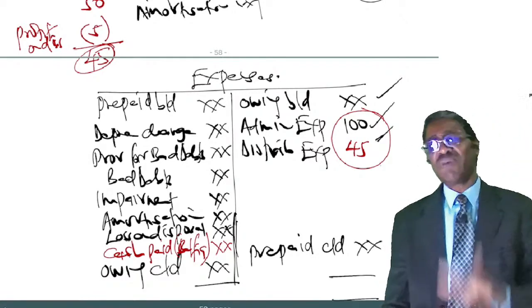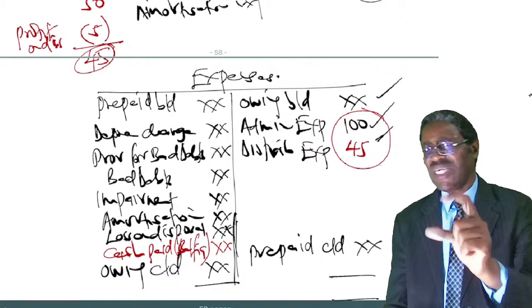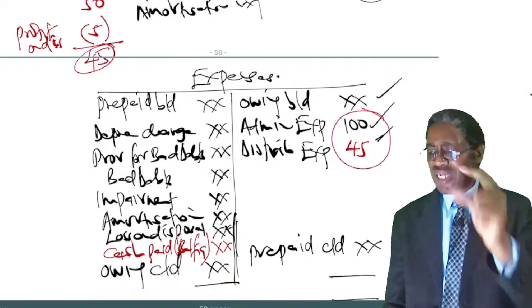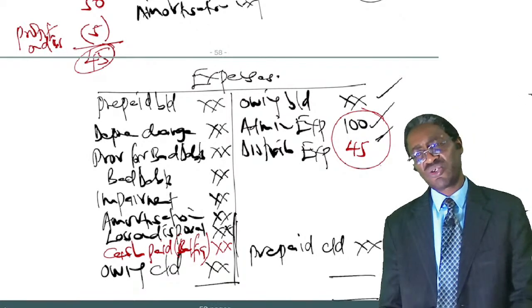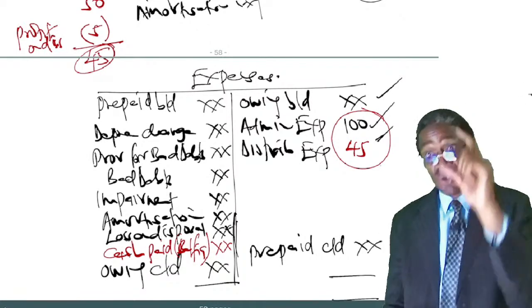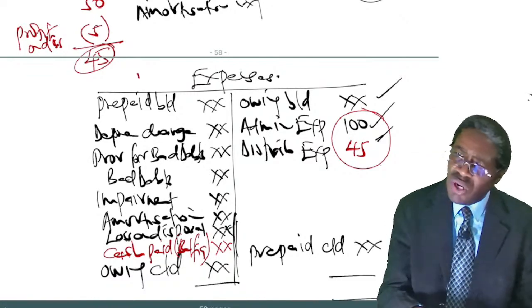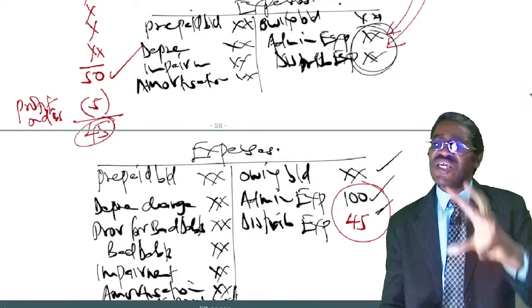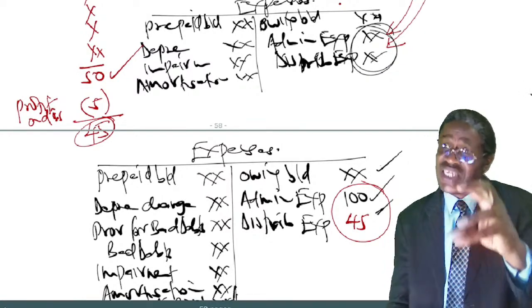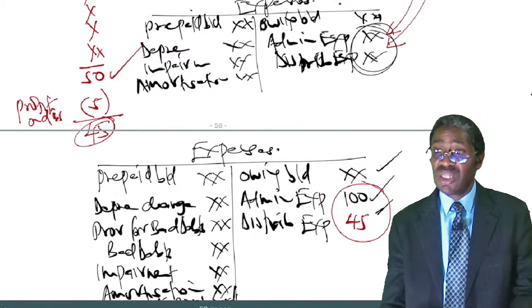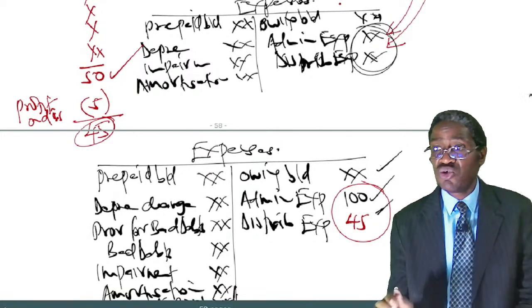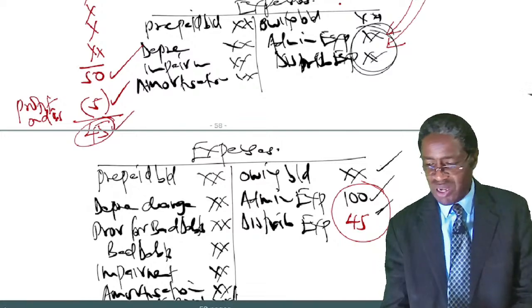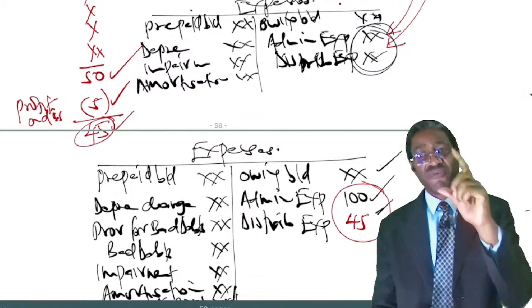But the question is this: was that the true amount of the distribution expense? The answer is no. The true distribution expenses were 50. But when we realize we made a gain of 5 and it relates to this category, then automatically you must have netted it against those expenses. Then you remained with a balance of 45.